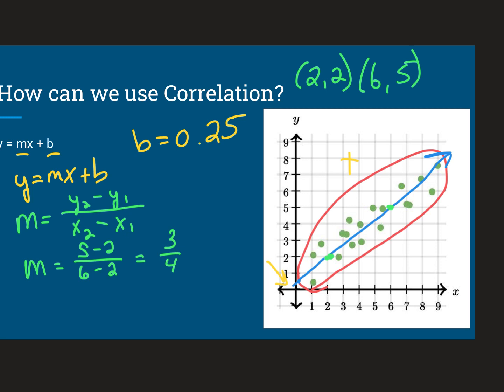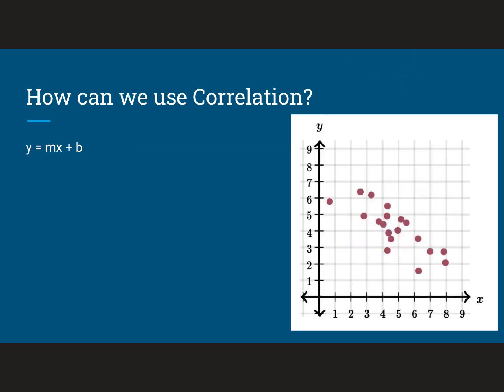I could write that as a decimal if I want. So in this case, my equation for my line is y equals 3/4, which is 0.75, so 0.75x plus 0.25, which was our b. So that goes right here. Okay, so not bad. We can use this now to make approximations of what our data should be. Let's look at another one.